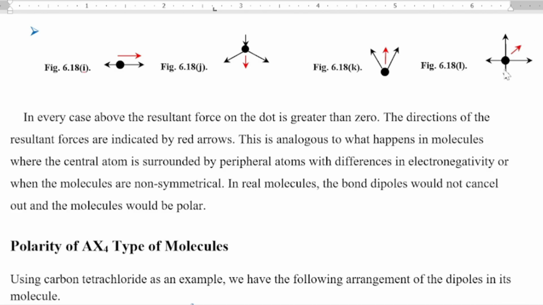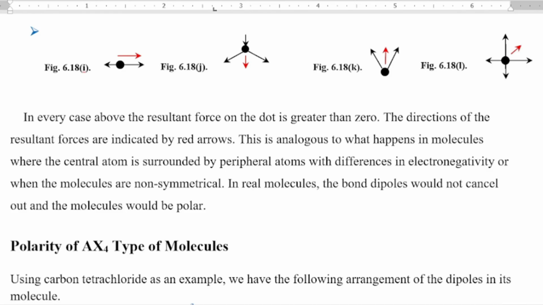So what is going to happen if you had a molecule with 4 peripheral atoms, and 2 of them are pulling strongly in that direction, more than these are, there will be a net shift of electron cloud towards these atoms here, and they'll be drawn away from these. So that end of the molecule there will be slightly negative, and this end is going to be slightly positive. Okay, I hope that will help.